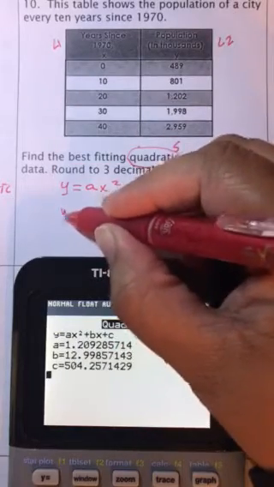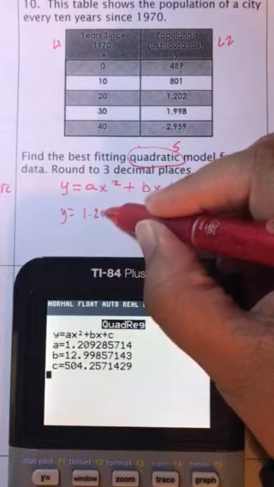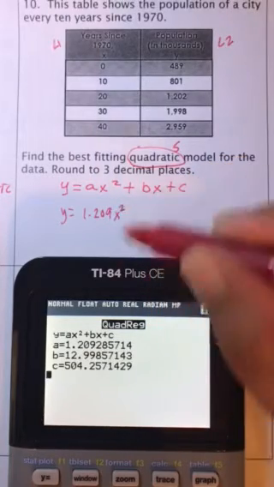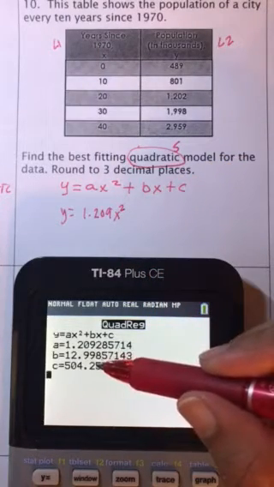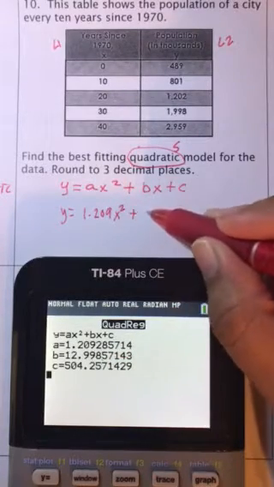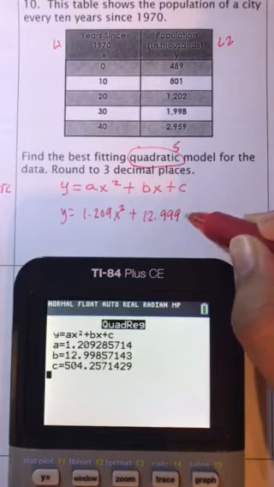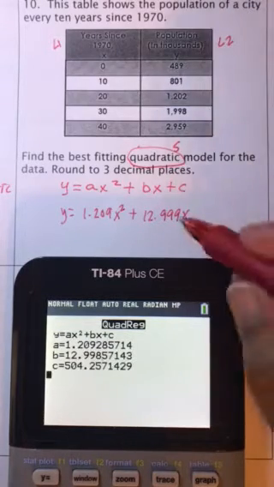So we have y equals 1.209x squared. That 8 will round up because of the 5. So this is plus 12.999. Again, there goes my dogs.